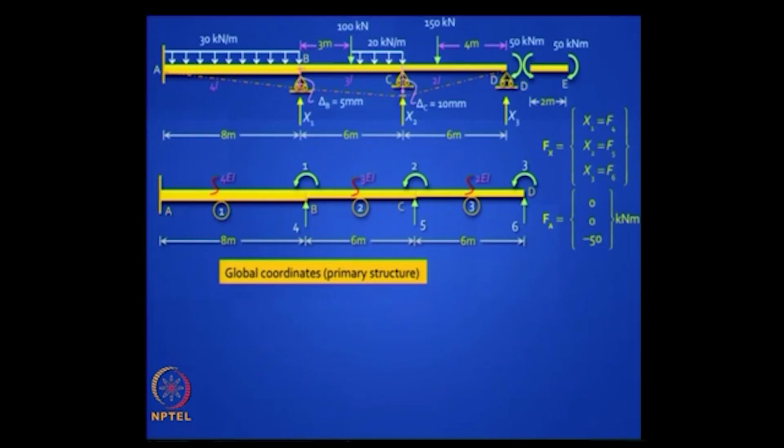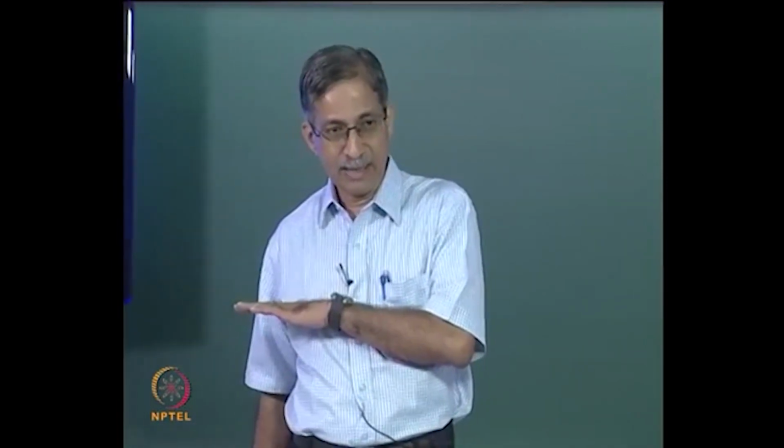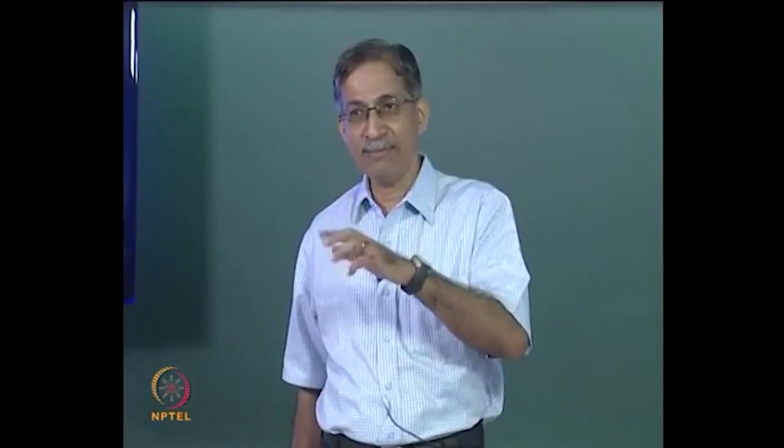You can number them any way you want, but normally we would have put the vertical translation as 1 and the rotation as 2, but here this is the flexibility method, we are biased to forces, not to displacements, and we have said that all the redundants we put at the end of the list. Is it clear? So the redundants are 4, 5, 6, and the active coordinates are 1, 2, 3.